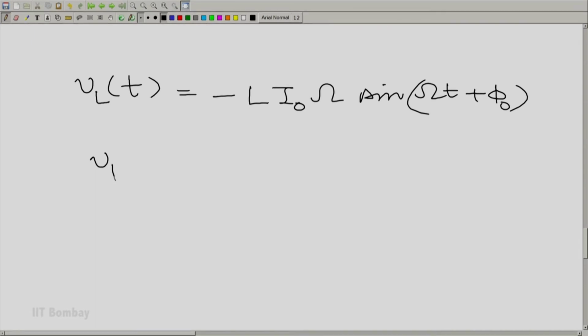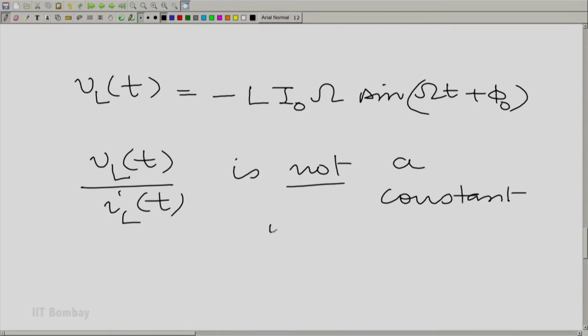The same can be worked out for a capacitance, but unfortunately vL(t) by iL(t) is not a constant independent of time, and that is where the problem is. So, if you talk about sinusoids as they are, you can't quite think of the inductor like you think of a resistor, where there is a proportional relation between voltage and current.